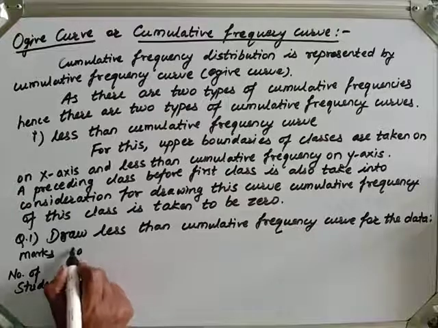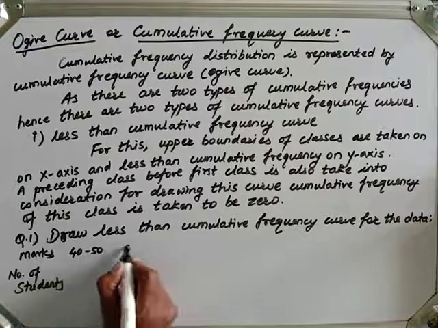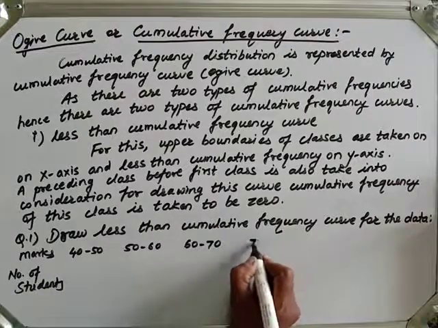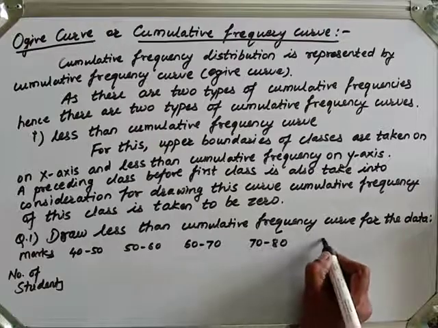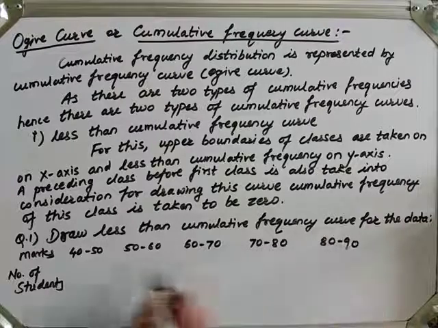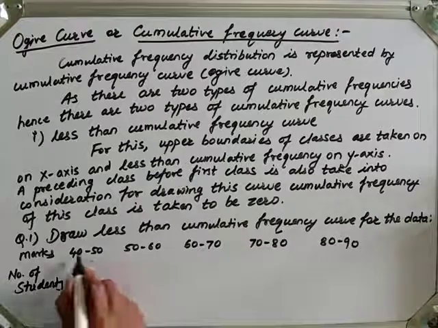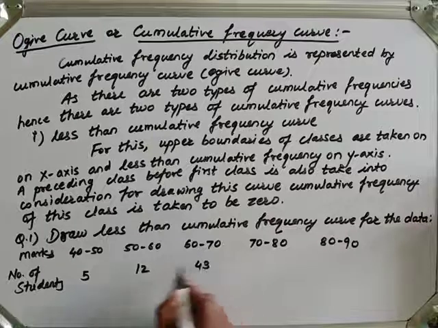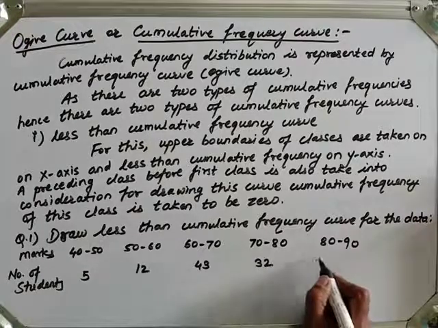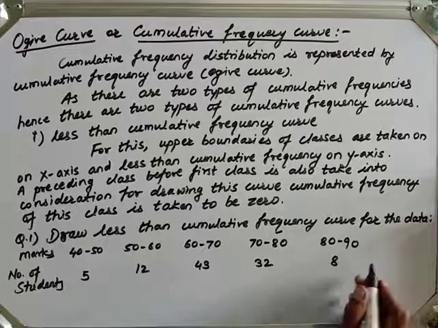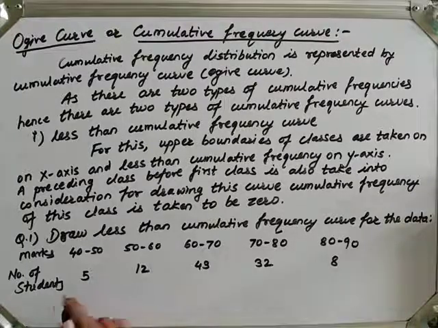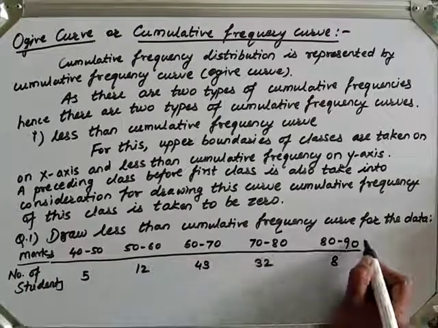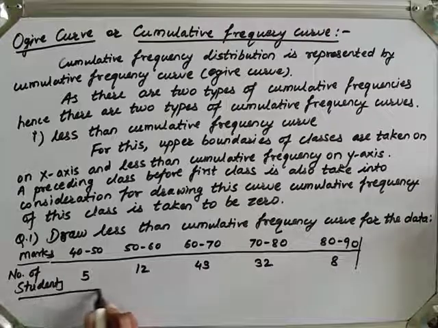Suppose marks are 40 to 50, 50 to 60, 60 to 70, 70 to 80, 80 to 90, and number of students are 5, 12, 43, 32, and 8. With this data, let us draw the less than cumulative frequency curve, or less than type Ogive curve.